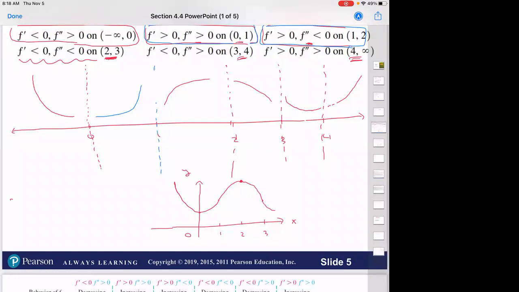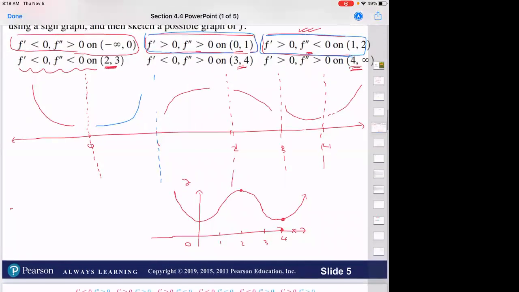Where is 4 gone? Hold on. So let's say there is 4 here. Have you captured all the information? So at 1, there is an inflection point here. And at 3, on the left side, concave down, right side of 3, concave up.